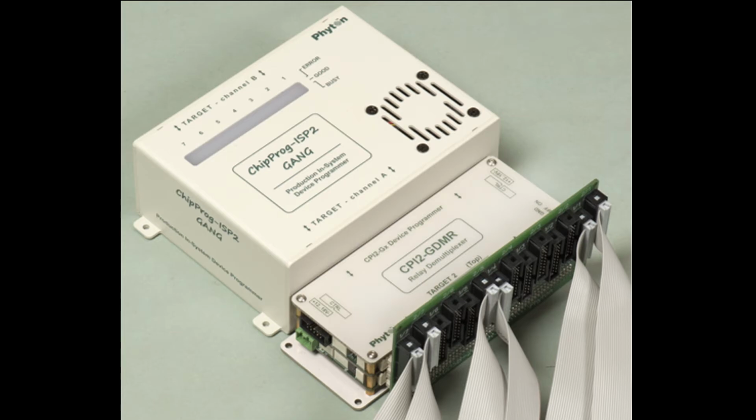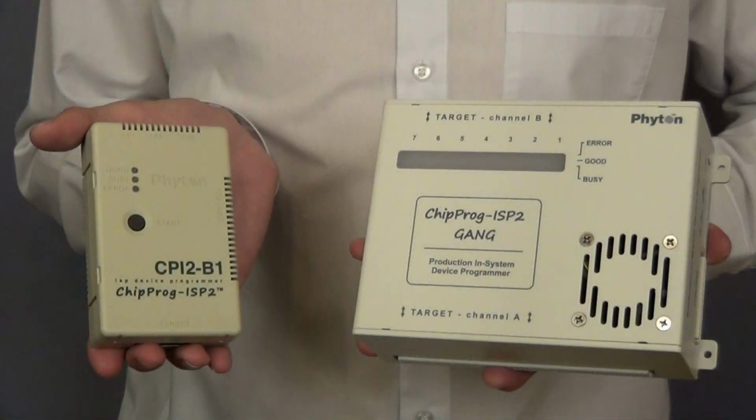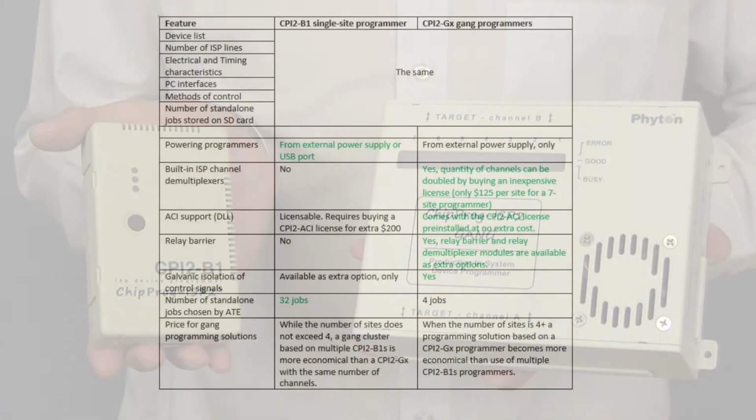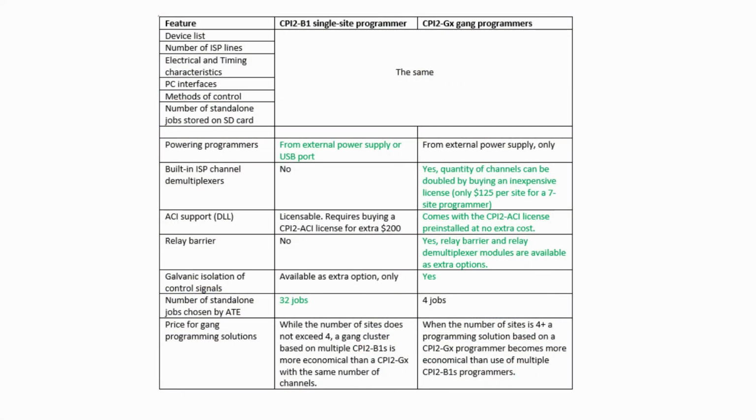Now let us summarize the overview of the CPI2-B1 and CPI2-Gx models. For development, testing, repair, or field service, the CPI2-B1 is the best and only choice among other Phyton ISPs. The major field of applications of both these ISPs is electronic manufacturing, the scale of which may vary.